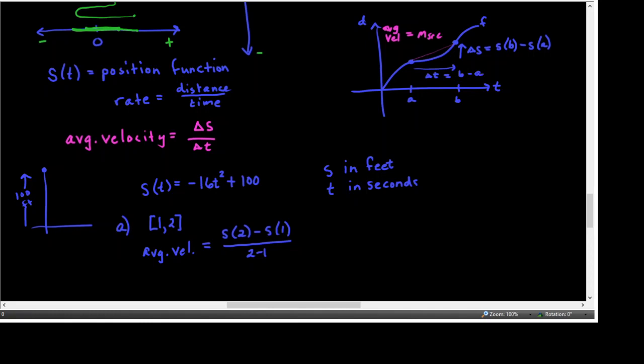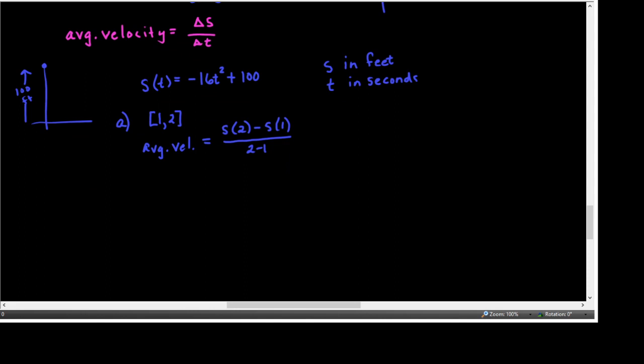All right. So if you calculate s of 2, you'll get 36. Let's just substitute 2 into our position function. 2 squared is 4. Negative 16 times 4 is negative 64. Negative 64 plus 100 is 36.